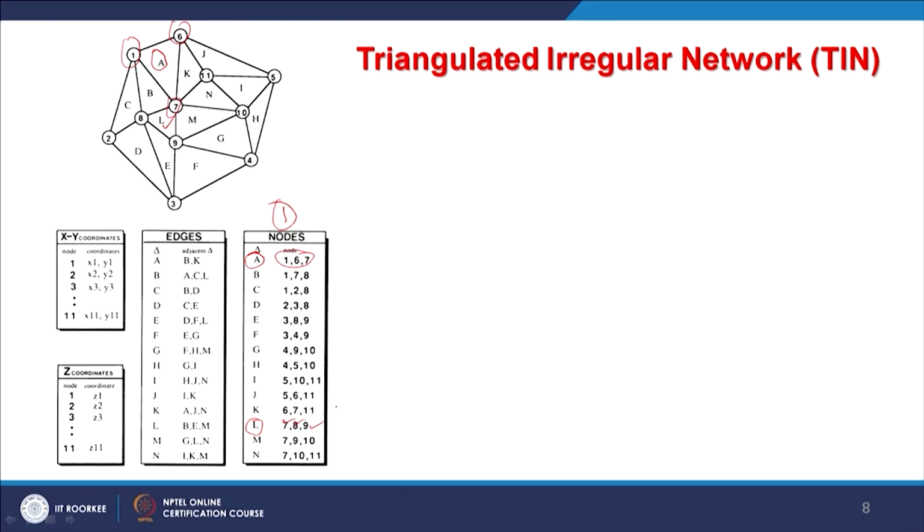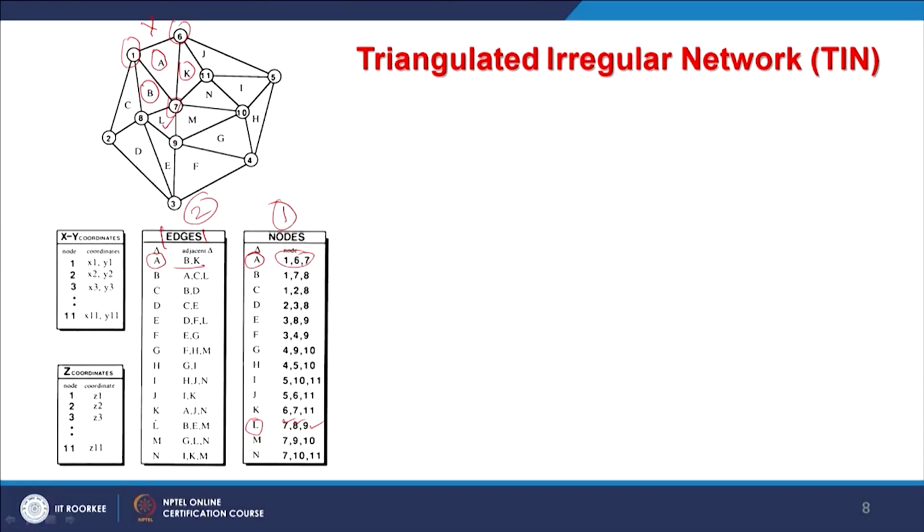Now the next table is the edge table, and in the same way if I take the same triangle A, then there are 2 edges because this is a border area, the margin area. So here we do not have any information, but the B and K triangle edges are being shared with triangle A. That is why they are there.